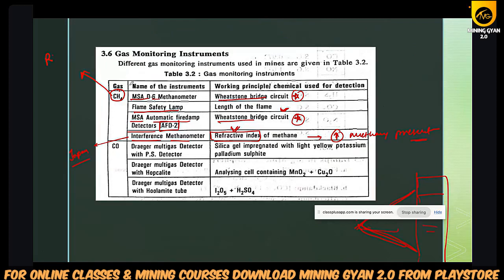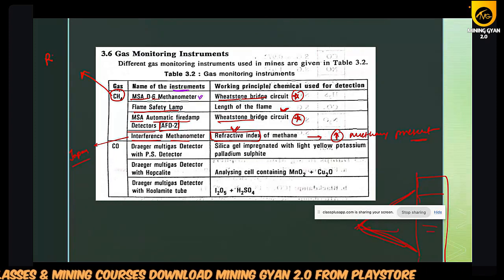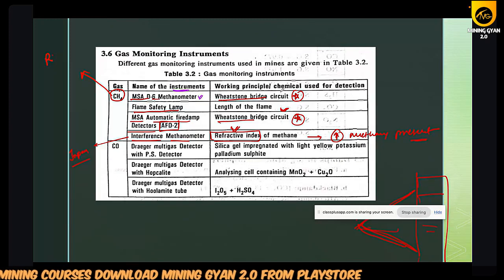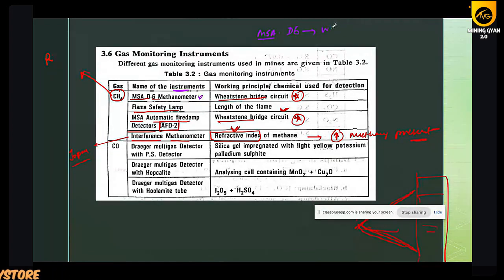Then we have seen the CH4 instruments. So MSA D6 methanometer, I told you to remember the principles on which these apparatus or instruments are based. The MSA D6 methanometer is based on the Wheatstone bridge circuit.